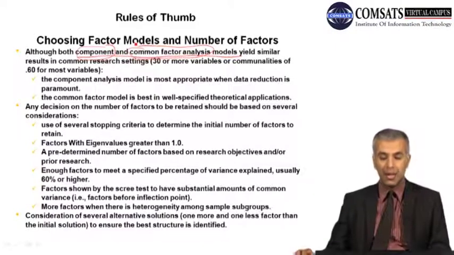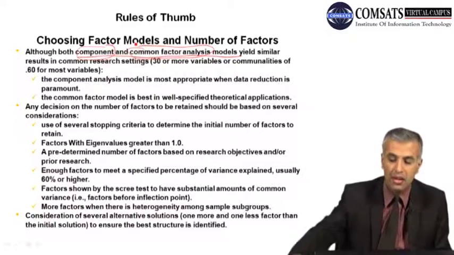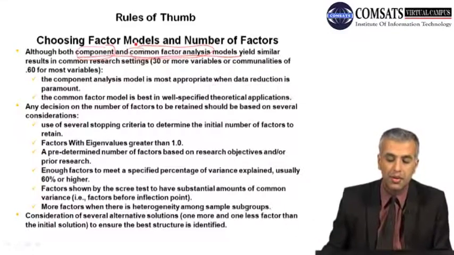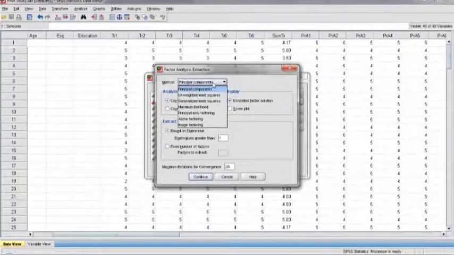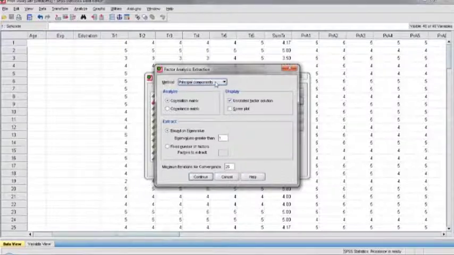So if we go back to the SPSS option here, you can see in the method part we have got principal component analysis, and then principal axis factoring, which basically represents the common factor analysis method. Now we have got two options under this: in analyze, we can analyze it using either the correlation matrix or the covariance matrix.